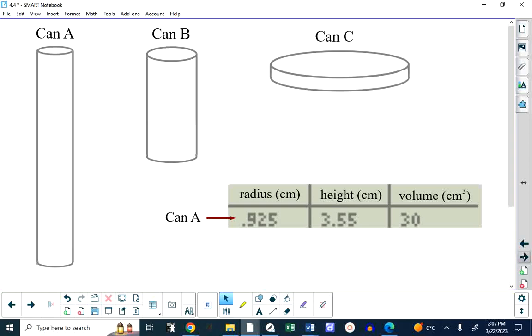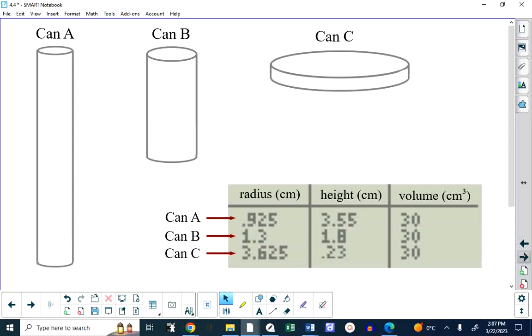And in all of these, it turns out the volume is, based on the ruler and the scale diagram I used, 30 cubic centimeters. So if you were to find the volume of any of these cans, volume is, for a cylinder, pi r squared h.